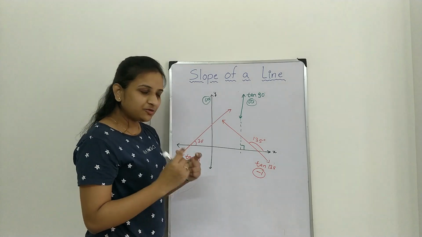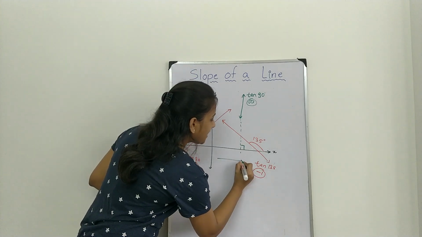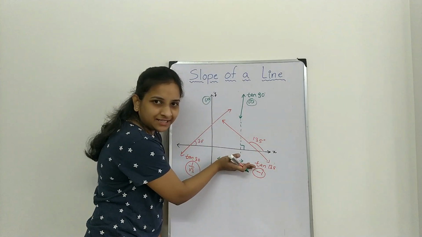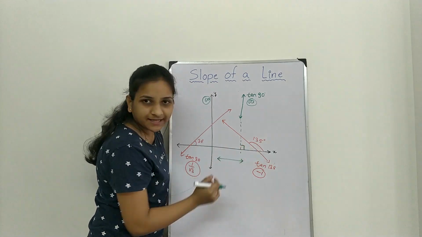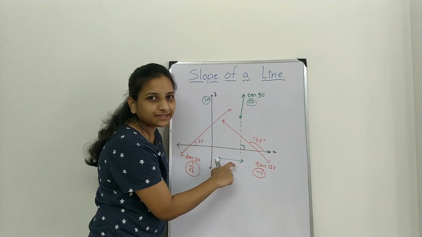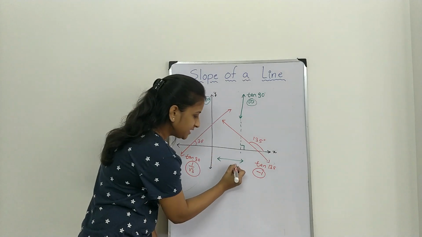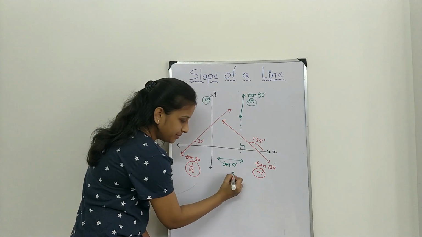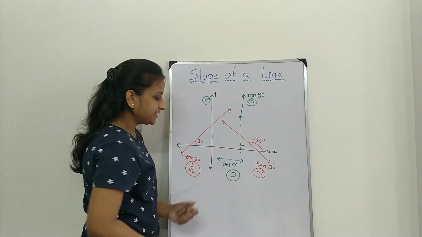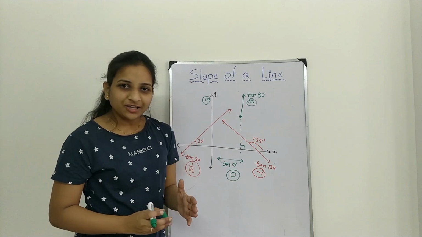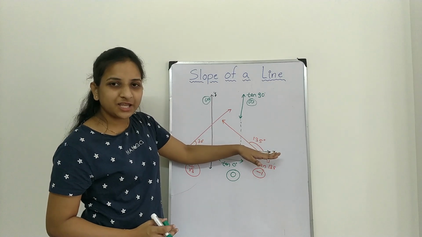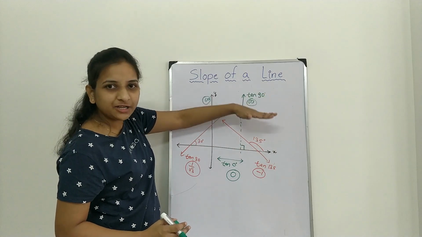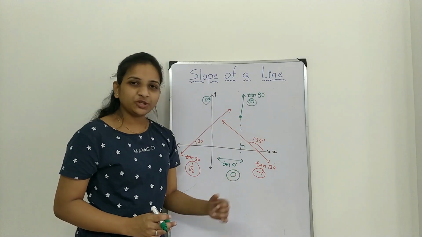Similarly, let's find out the slope of a line which is parallel to x-axis. This line is parallel to x-axis, so the angle made by this line with the positive x-axis is 0 degree. So slope is tan 0, which means slope of this line is 0. So slope of the x-axis is 0 and slope of lines parallel to x-axis, anywhere, is also 0.